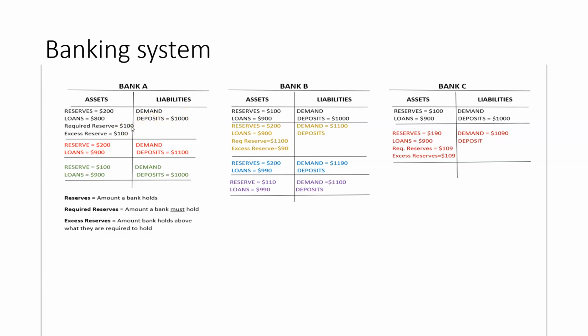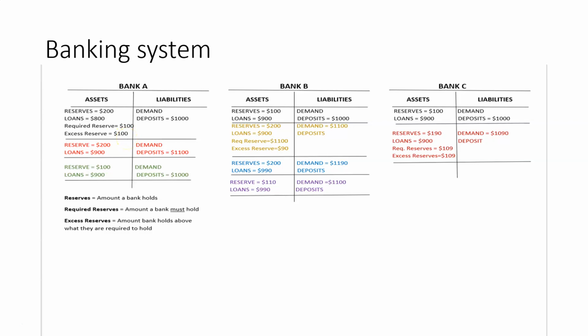So the bank is required to hold $100. It's holding, for some reason, $200. That means its excess reserves are $100. Now, it's this $100 that the bank can lend out.